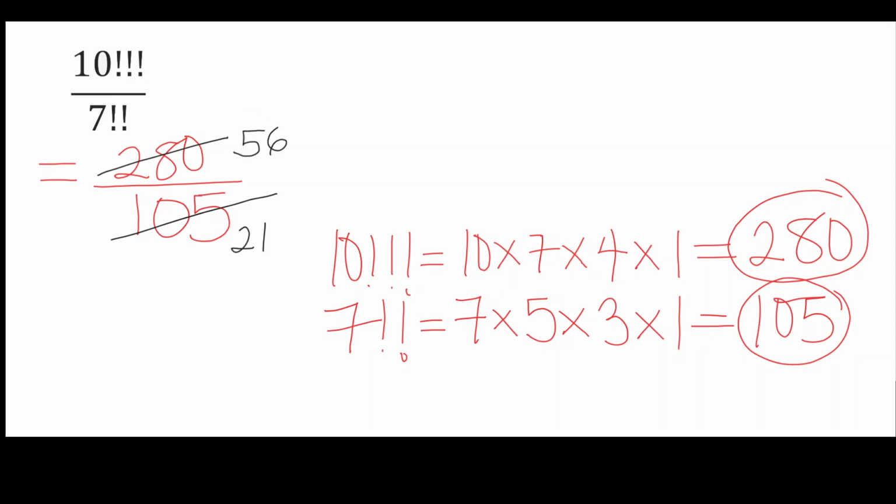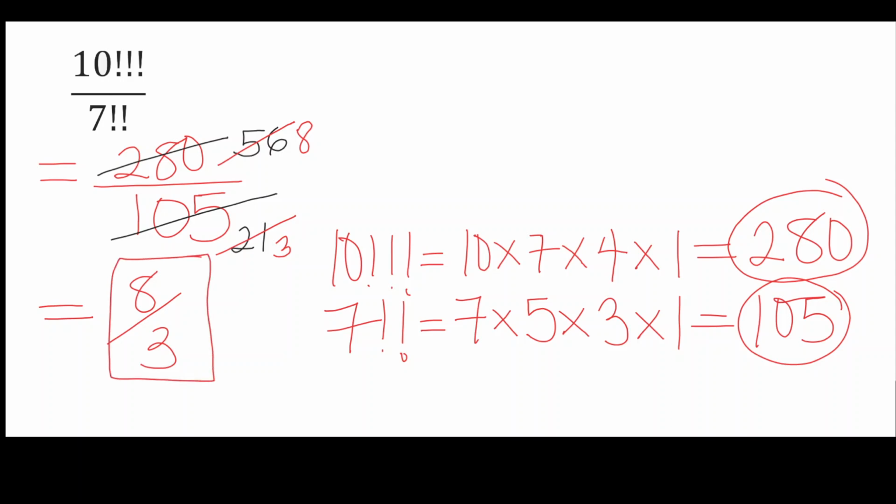Of course, 7 can divide 56 now. 7 dividing 56 is going to give me 8. Then 7 dividing 21 is going to give me 3. So the final answer is 8/3. And that's just how to go about it.